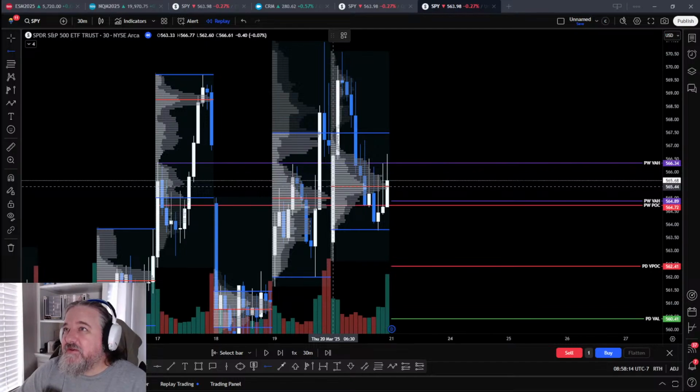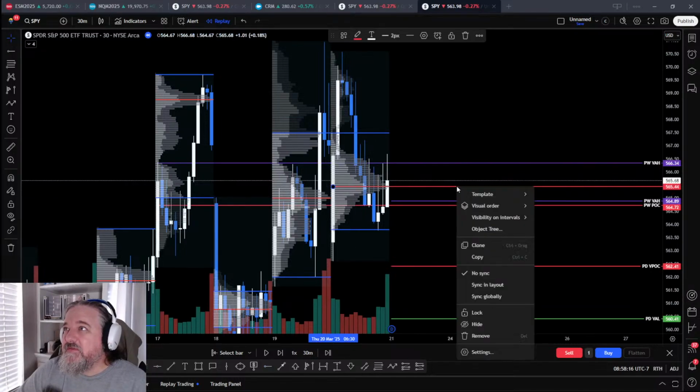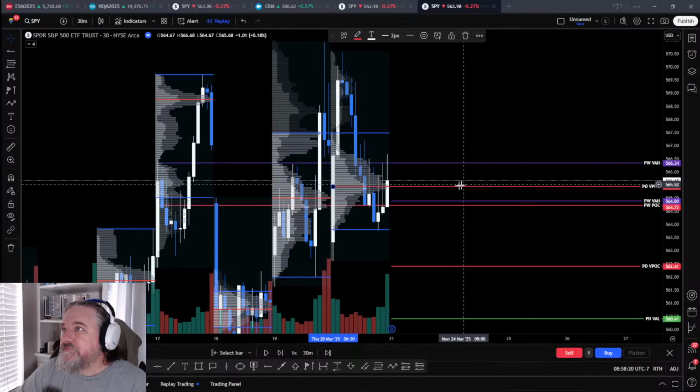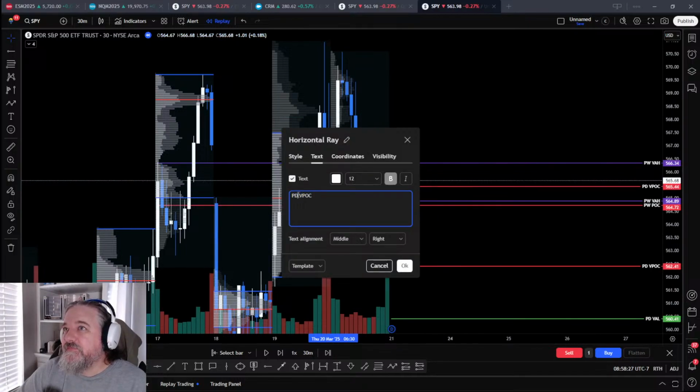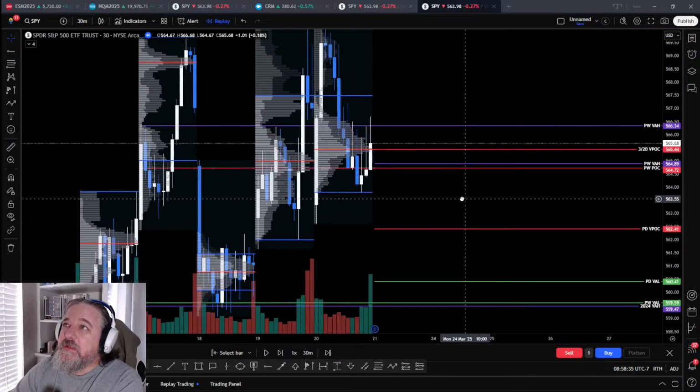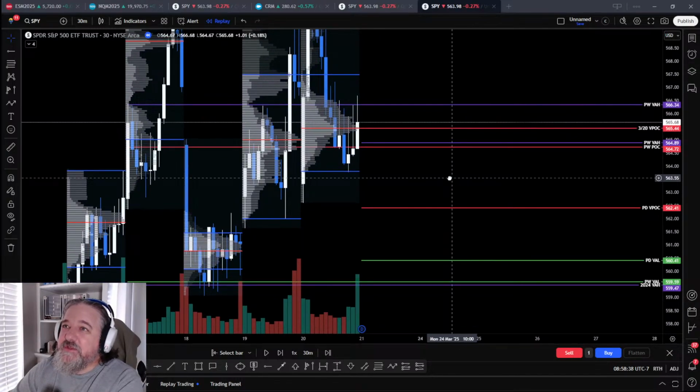And if you're going to put these on your chart, the way that I would do it is say this is our 320 virgin POC. And again, you don't have to label your stuff this way. This is just how I would do it. You do what works for you.